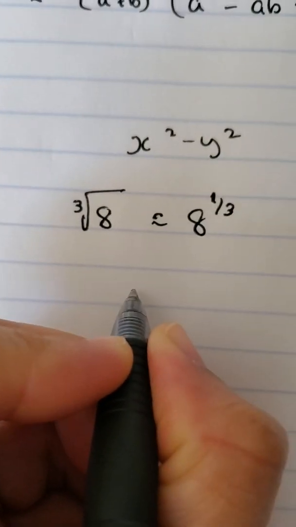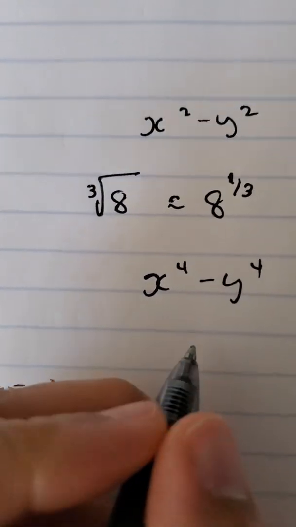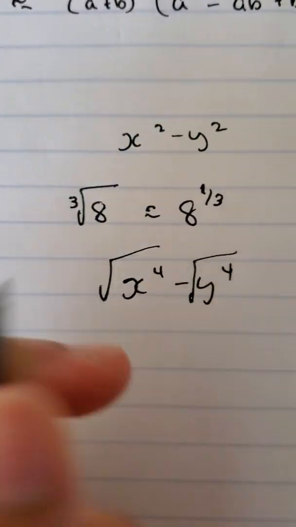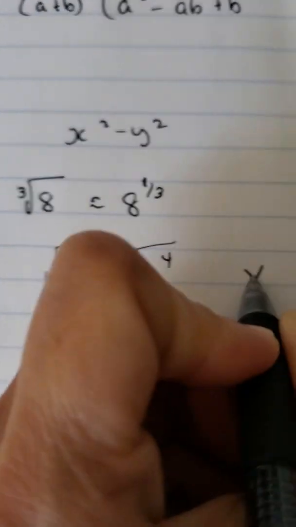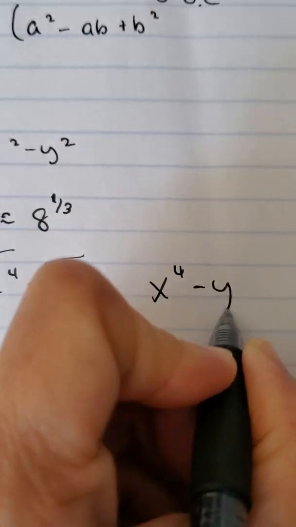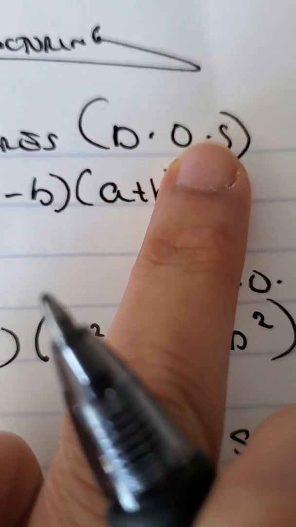So for example, now let's try one where the power is higher than 2. So let's say it's x to the 4th minus y to the 4th. I said one way you can look at it is if you can find the square root of both terms, or if your exponent is divisible by 2. If your exponent is divisible by 2, it basically gives you a hint of what your a would be and what your b would be.